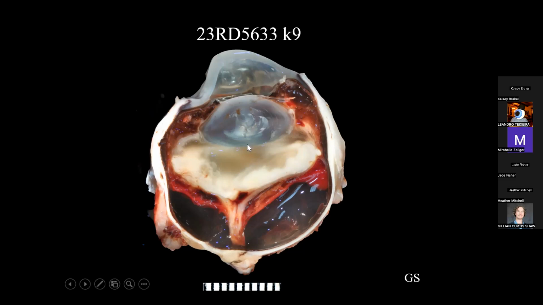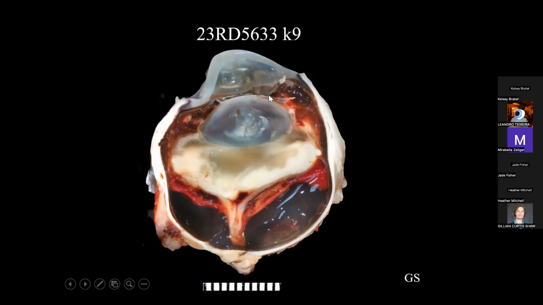So we have a lens, we have the eye. As I said, there's this tan exudate in the vitreal space, which is probably fibrinosuppurative, and I will prove that to you when we look at the slide. The retina is detached, which is what we're seeing here. And then there's some hemorrhagic exudate in the subretinal space, and some proteinaceous material in the subretinal space as well.